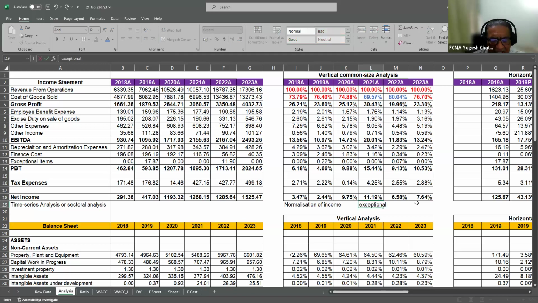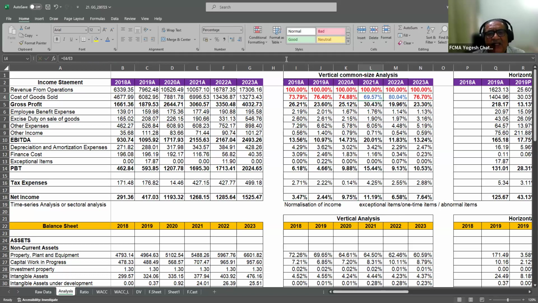Each year there will be certain exceptional items, certain one-time items, certain abnormal items. So you need to remove the impact of exceptional or one-time or abnormal items from the financial statement, and that is the normalization of earning.